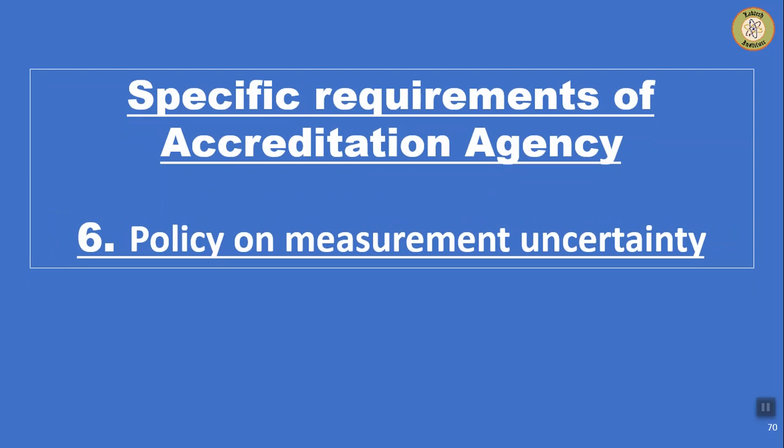And there is another specific requirement of the accreditation agency, which is the policy on measurement uncertainty. For which test, which calibration, you have to estimate the measurement uncertainty and how you will go about it. All these things are explained. Which are the things where you can exclude measurement uncertainty, what simplification is permitted, all these things are explained in detail in the accreditation agency specific documents.